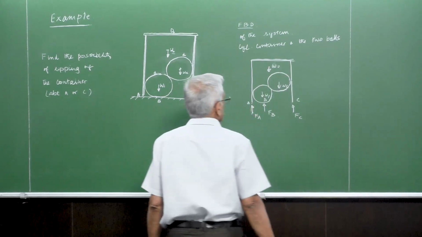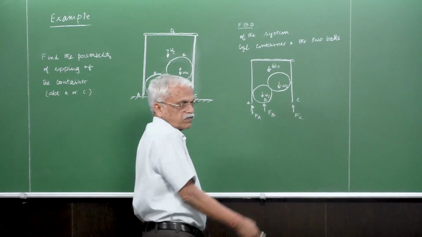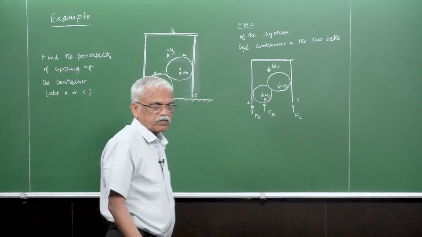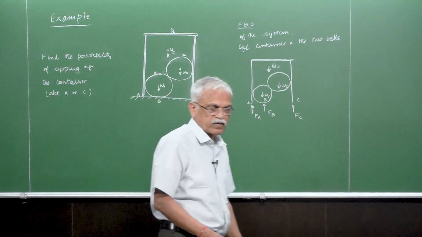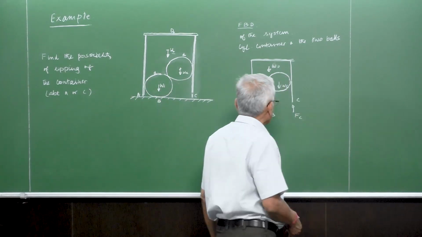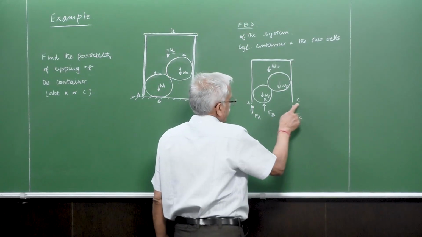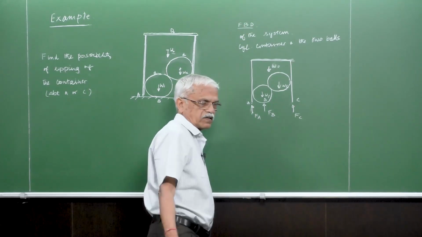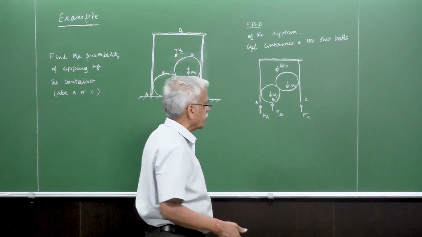Now, can we solve this? If we can solve this, we need not go any further. We need not write any more free body diagrams. Either I might put the horizontal force here, or I might not, but let's not put that horizontal force at this moment.